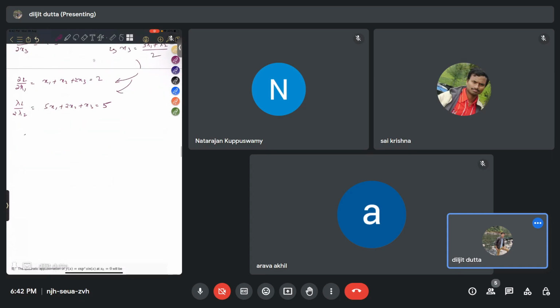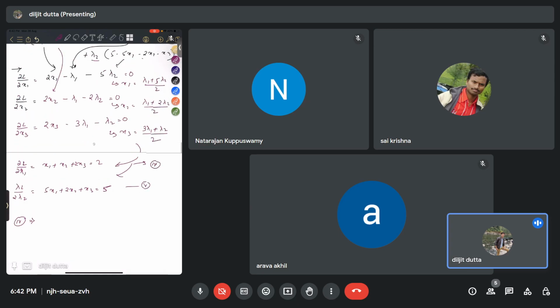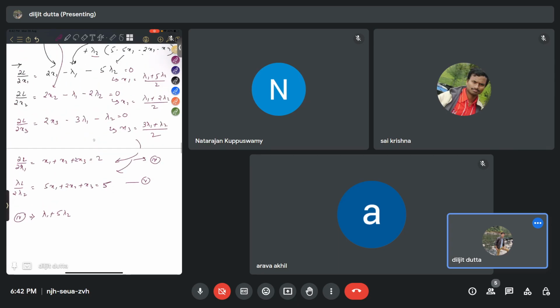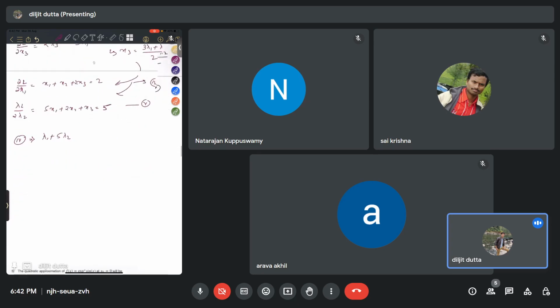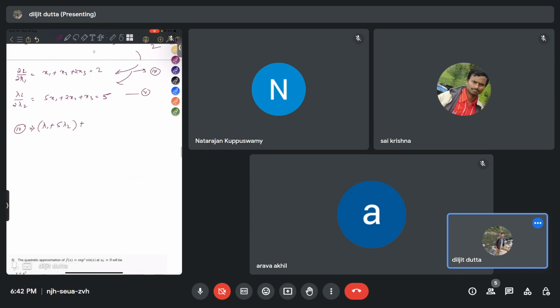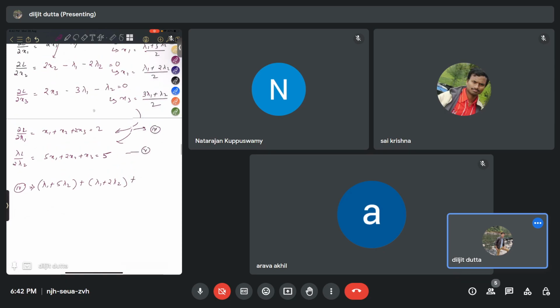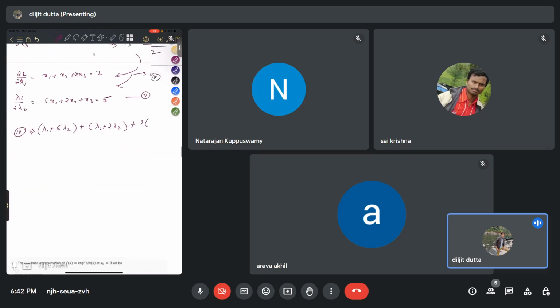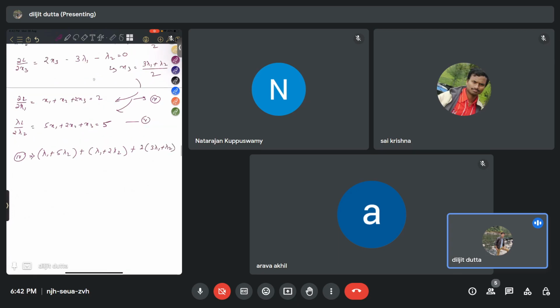So let us write: x1 is lambda 1 plus 5 lambda 2, x2 is lambda 1 plus 2 lambda 2, and x3 is 3 lambda 1 plus lambda 2, and these are all divided by 2.